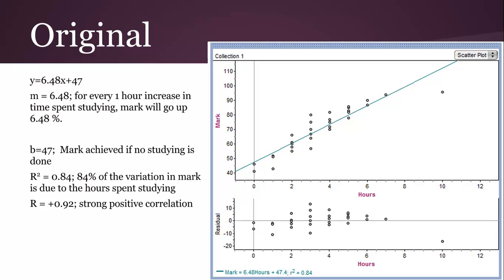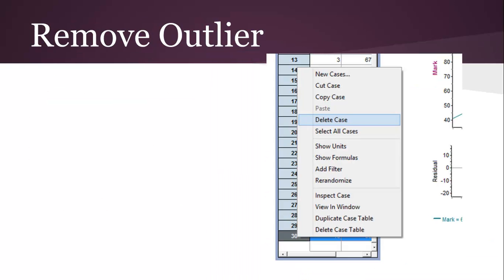And the r-squared is 0.84, saying 84% of the variation in mark is due to the hours spent studying. If we square root the 0.84, we get 0.92, and that tells you there is a strong positive correlation because it's in that last third between 0.67 and 1. Very close to 1, so it's almost a perfect correlation. Not quite, but very strong positive.